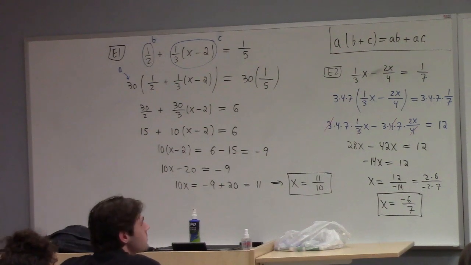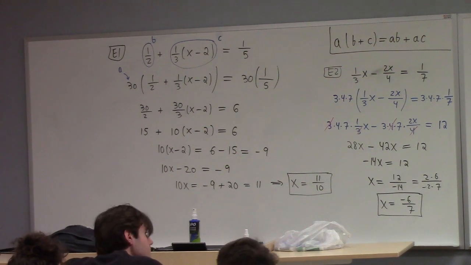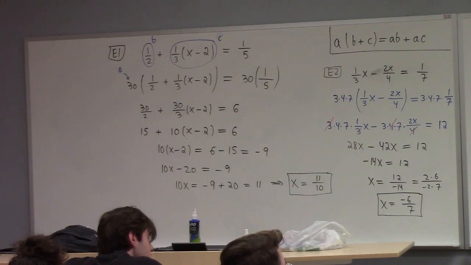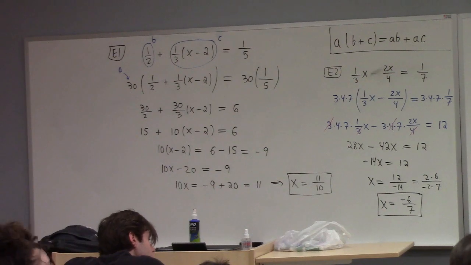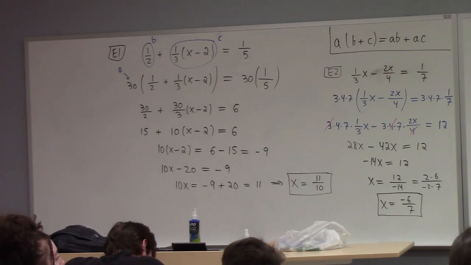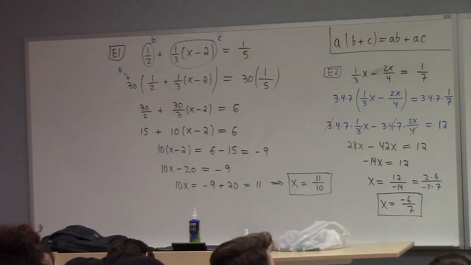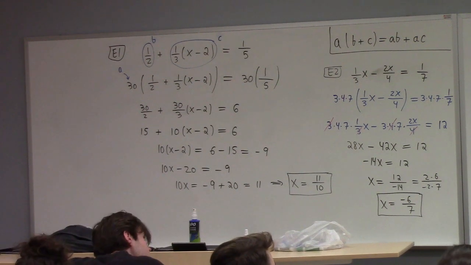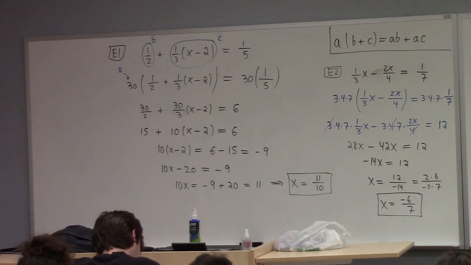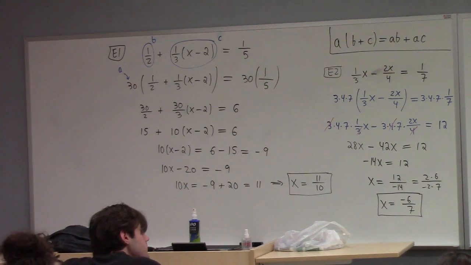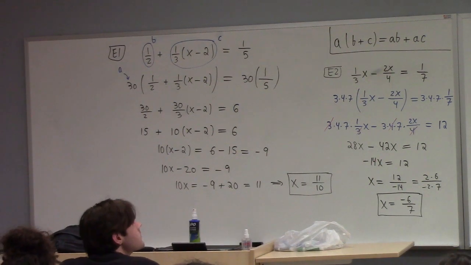If, and let me say this is y1, we call this y2, then 1, if m1 equals m2, then the lines are parallel. So if they have matching slopes, two lines that have the same slope are parallel lines, all right?